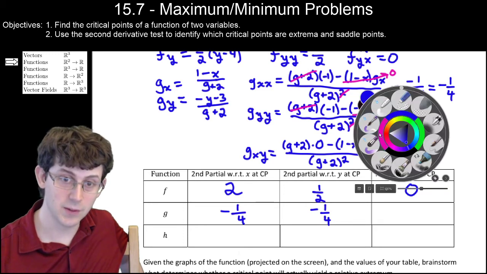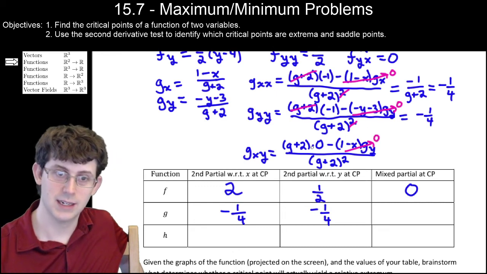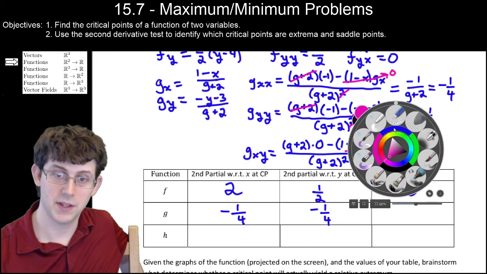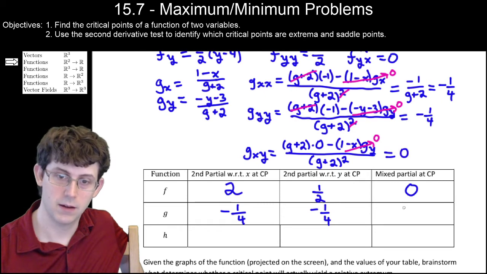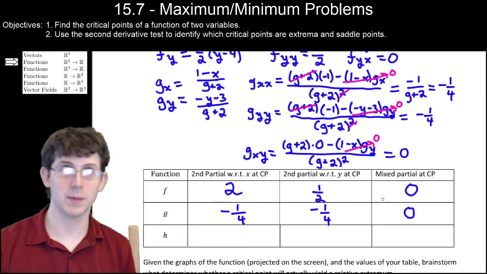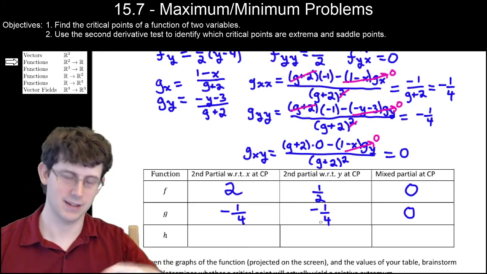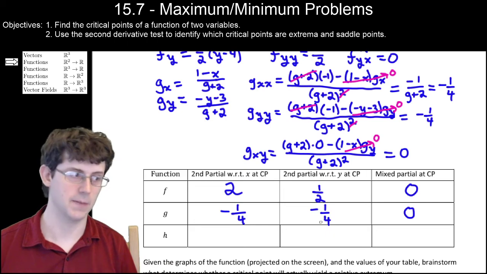We are at a critical point, so gy is 0, and here's another 0, so this whole thing came out to 0. The mixed partial derivatives are not always 0, but when the mixed partial derivative is 0, it makes it easier to imagine what's going on with the surface.